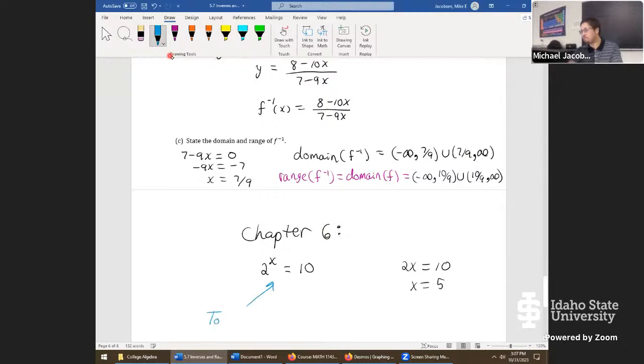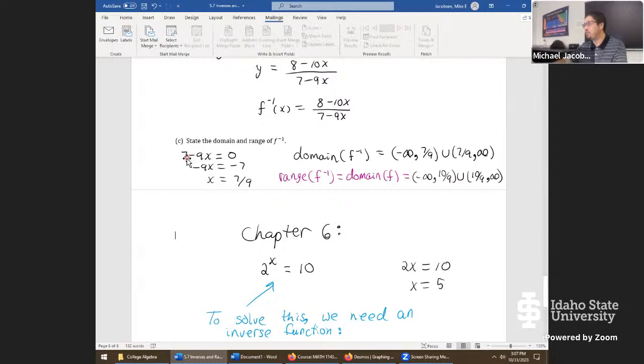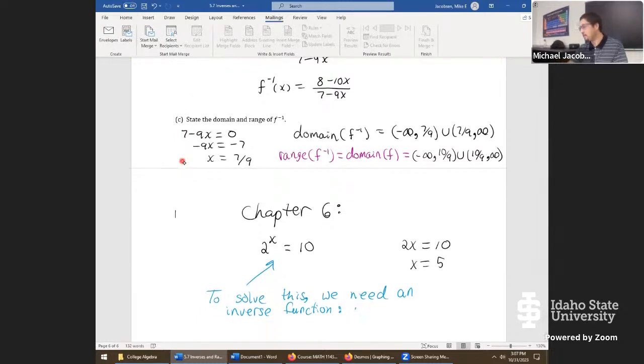To solve this, we need an inverse function. And as a preview, just like you mentioned, Michael, the inverse function on this one would be a logarithm.